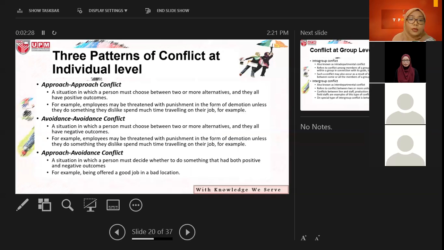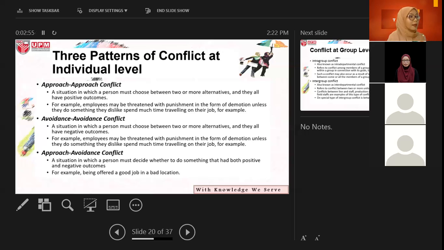For approach, it is referring to a situation where a person must choose between two or more alternatives in which both alternatives have the positive outcome. Dua-dua menarik. You have two options, which these two options ni are interesting to you. Then you confuse which one to choose.